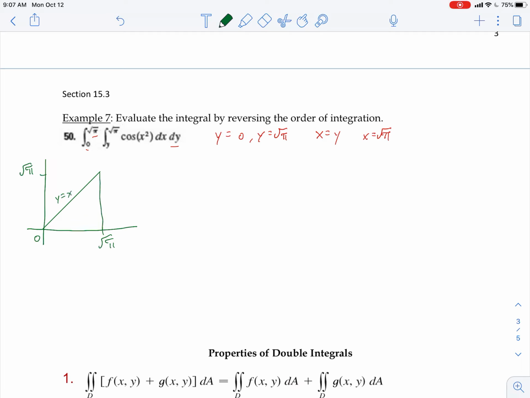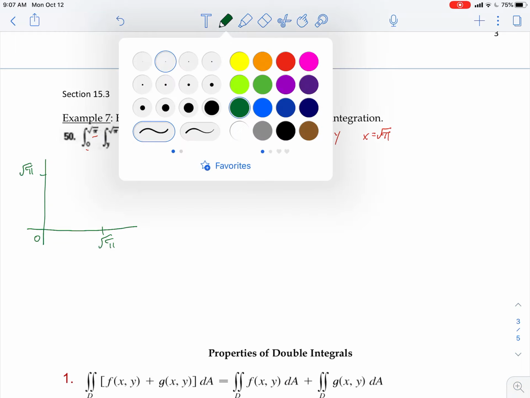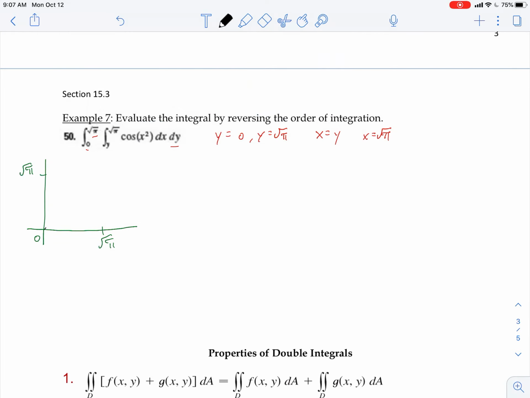This function right there, let me change up the colors. I want to make it straight. There we go. I don't have much time till class starts. y equals x, and this is x equals square root of pi. And so then this is my region.